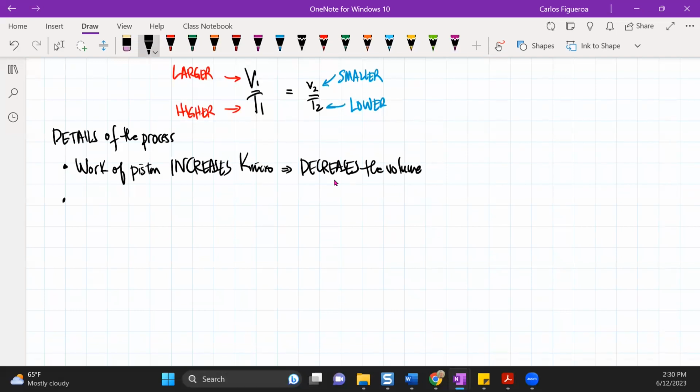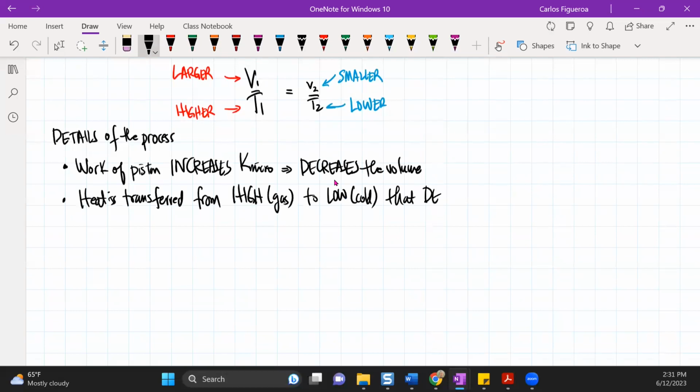So now what happens here is that heat is transferred from high, and the high in this case is going to be the gas, to a low, and that's going to be the cold reservoir. That decreases K micro.